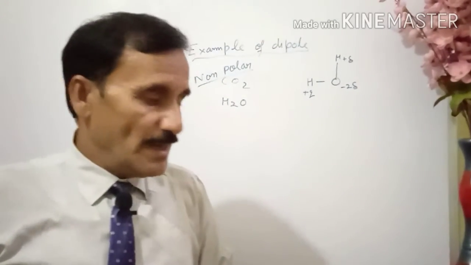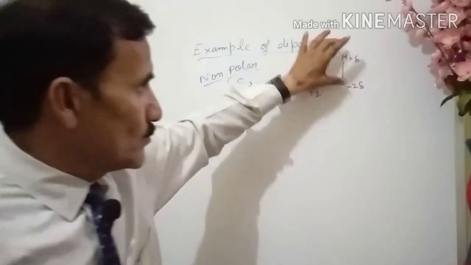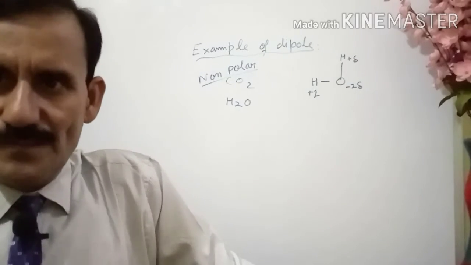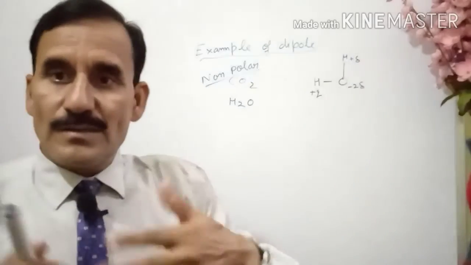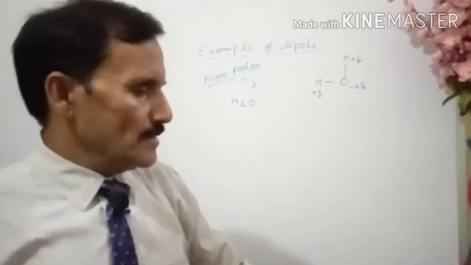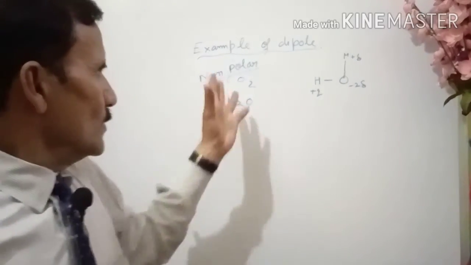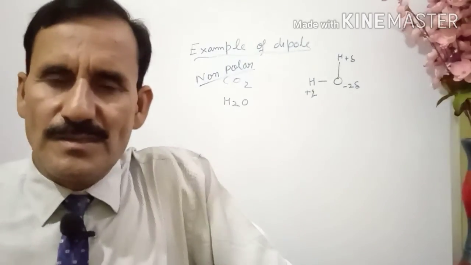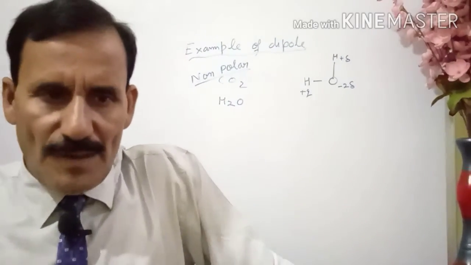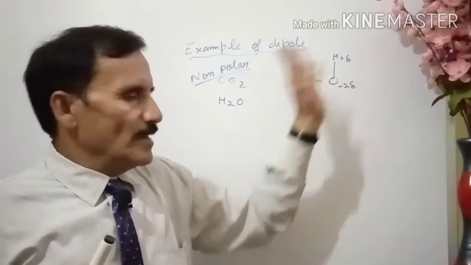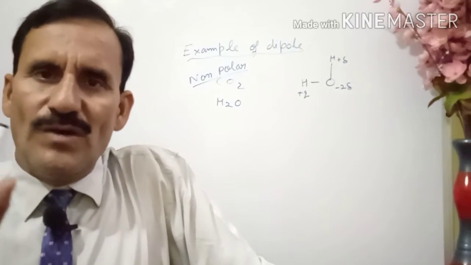So in this case, the electric field does not cancel out because the electric fields of the two dipoles are not parallel. Even if they were equal, they are not parallel, so they are not cancelled out. So these are called polar molecules. So in covalent compounds you have the examples of electric dipoles. With the help of the concept of electric dipoles, you can explain the polarity and non-polarity of covalent compounds.